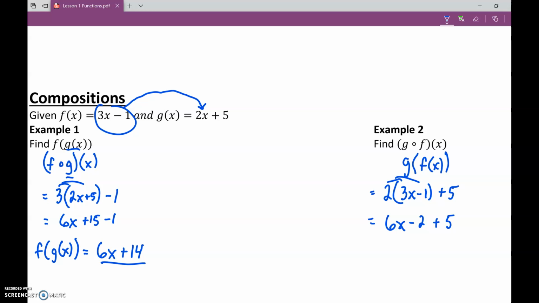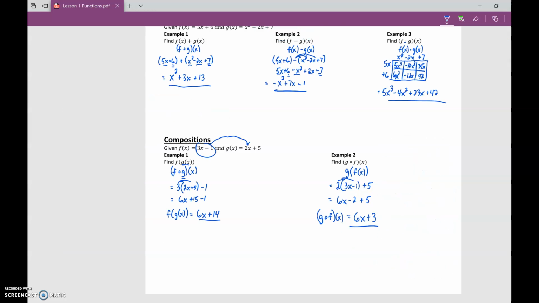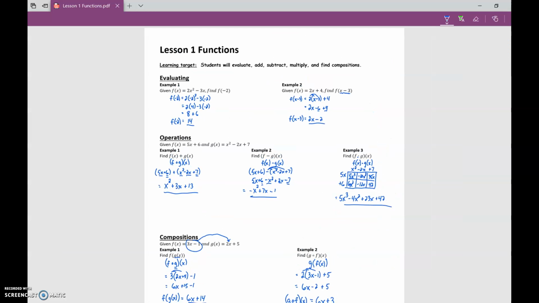Combine my constants here, and we'll end up with composition of g with f is equal to 6x plus 3. Okay, quick review over functions.